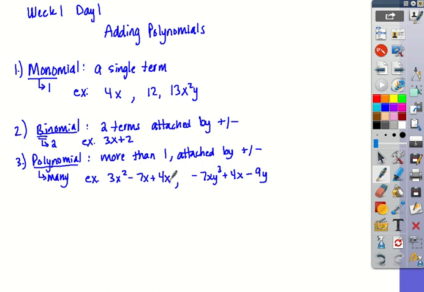If I put an x on here, it's no longer a trinomial, because that x is the same as the negative 7x, and I could put them together. But I'm going to make that disappear because we don't actually need it there. The only thing we're going to do today with binomials, trinomials, polynomials, and monomials is we are going to add them together. So on your paper, will you write down the first example?